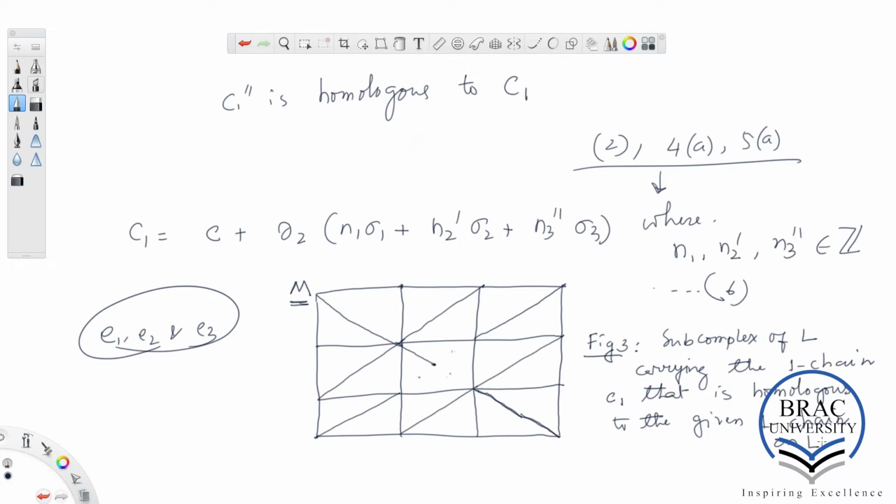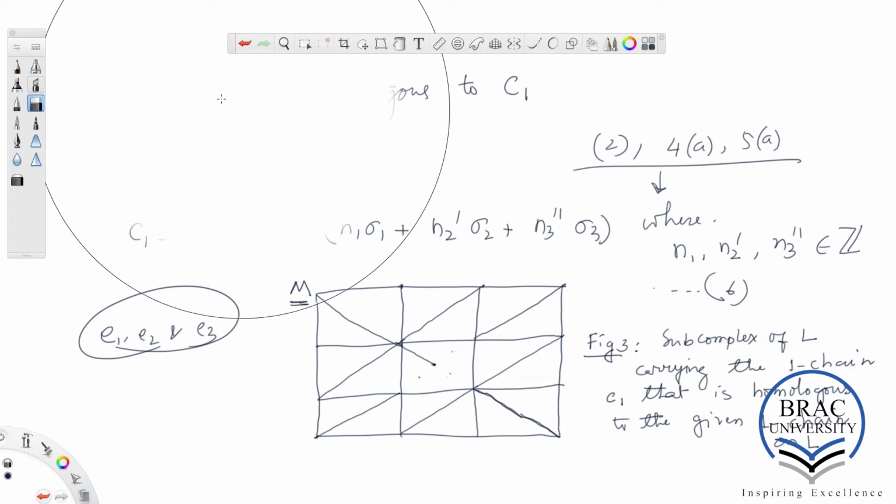Now, following exactly the same procedure that we carried out to push the given one chain C off these three one simplices one at a time, we can push the one chain off some other one simplices as well to arrive at the following figure.